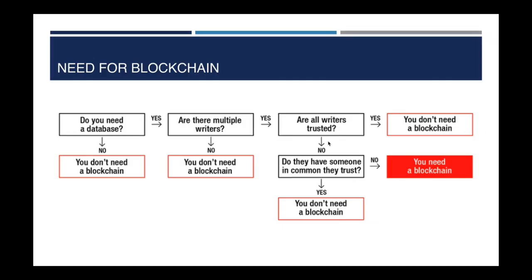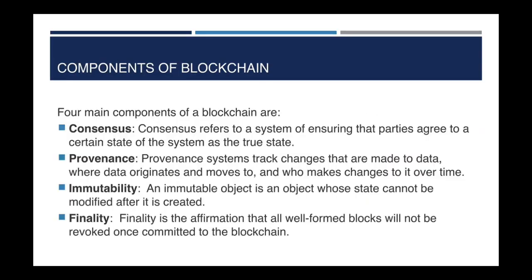If the writers cannot be trusted, and so there is no trust between the writers or the data changers of the application, then you have to go for blockchain. If they can trust somebody, then you don't need to go for the blockchain. So this is the slide where you can decide whether your application can leverage blockchain or not.